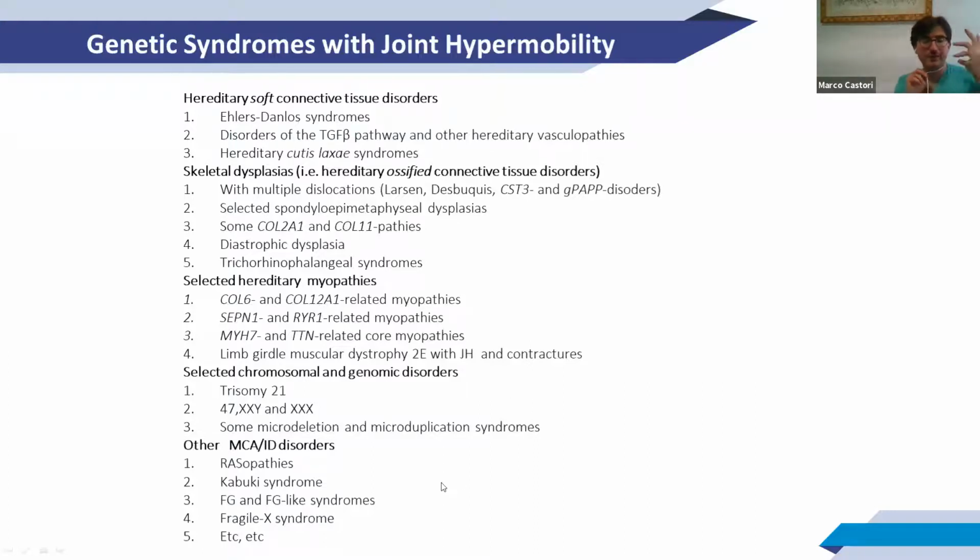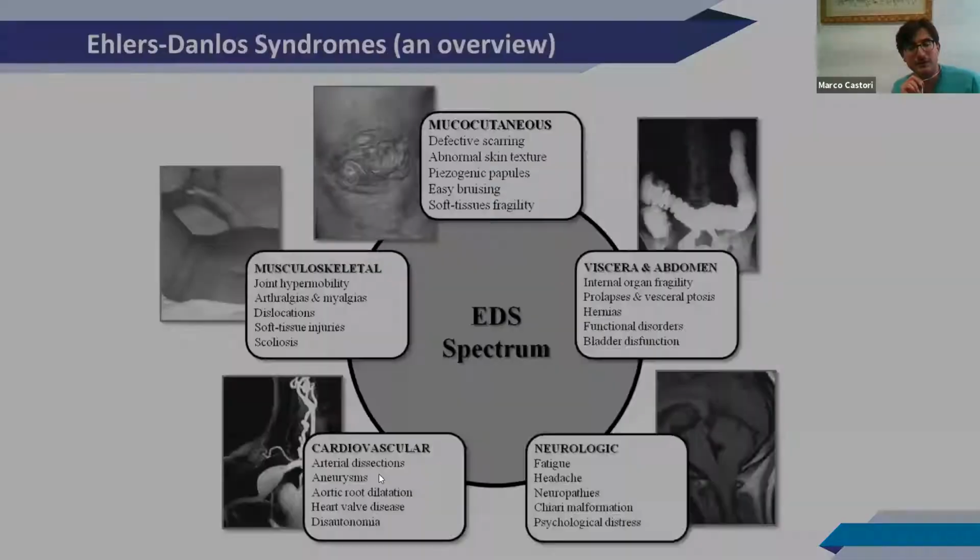Still in the field of clinical dysmorphology and clinical genetics, there is a large group of chromosomal, genomic, and monogenic disorders featuring joint hypermobility, and potentially its secondary musculoskeletal manifestations.